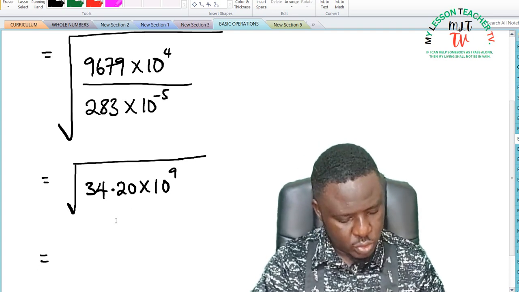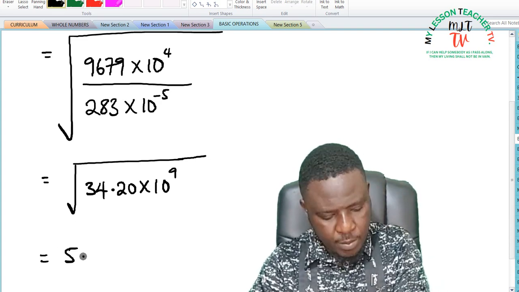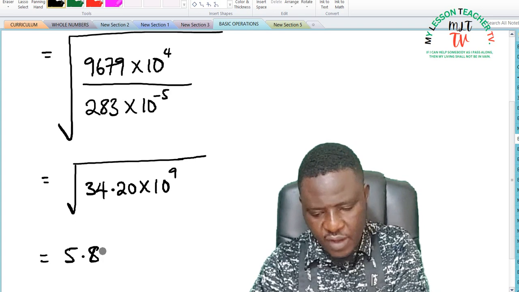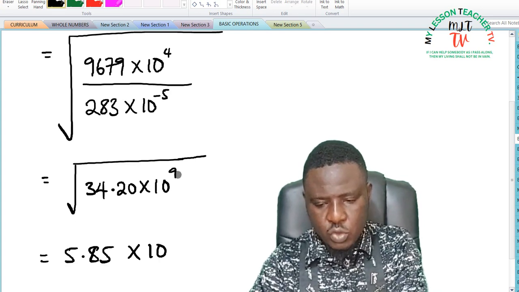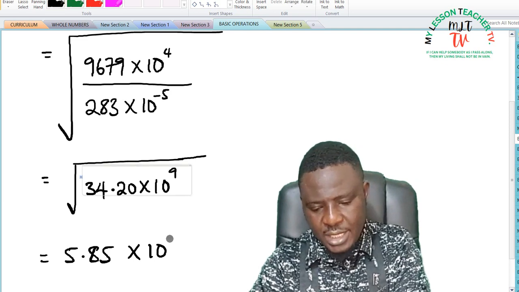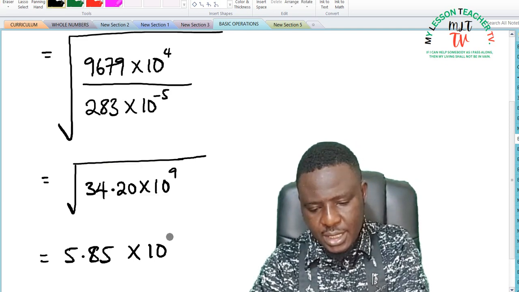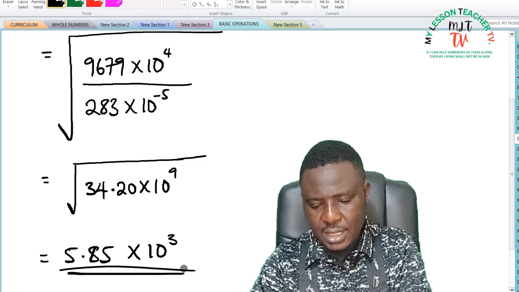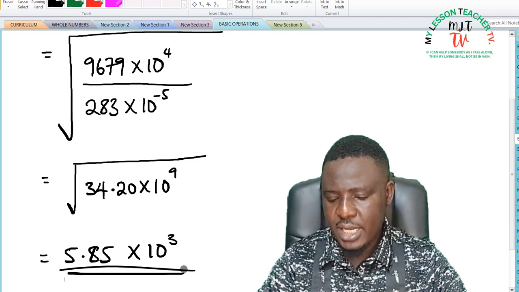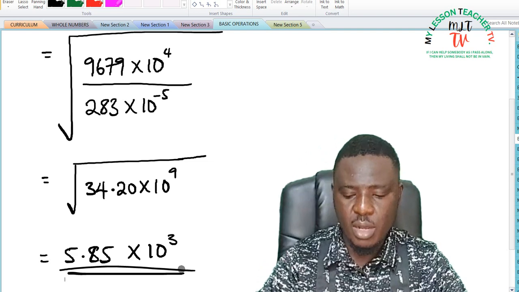So the square root of 34.2 is said to be 5.85 approximately, times 10 raised to the power of, the square root of 10 raised to the power of 9 is said to be 3. So this is 5.85 times 10 raised to the power of 3.